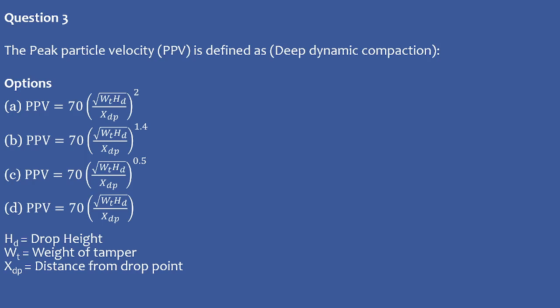So coming to the next question: the peak particle velocity is defined as. The formula for the peak particle velocity is given in which of those four options?